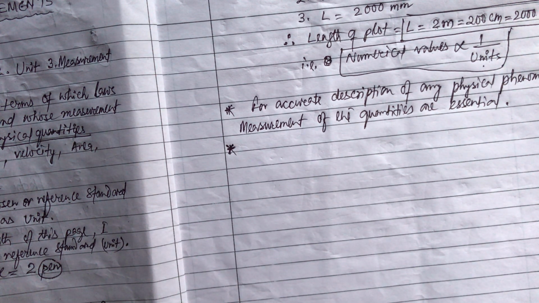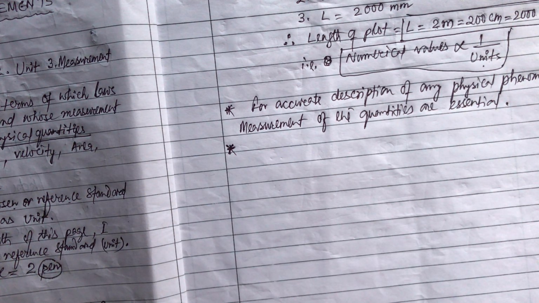There should not be any confusion. Number three, it should be internationally accepted. That means everywhere that standard unit must be accepted. Next point, it must be easily available. That standard unit must be easily available.